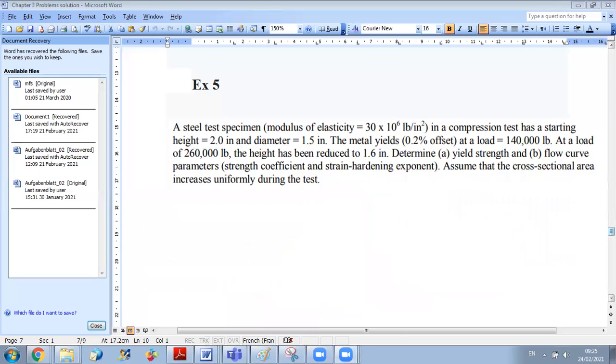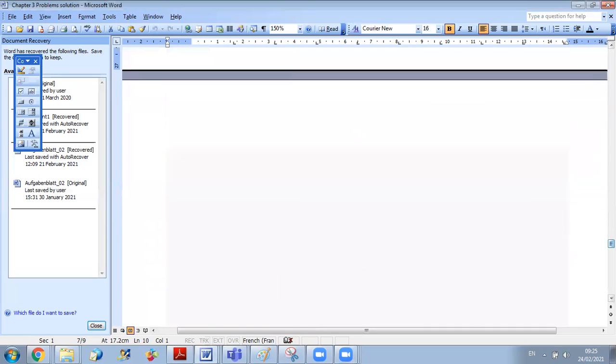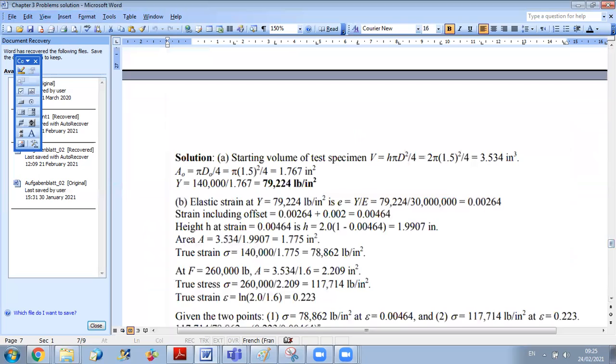Best doctor, I have a question. Can't we use the height, which is 1.6, to find the engineering strain and the engineering stress, then use the formulas to find the true strain and true stress?